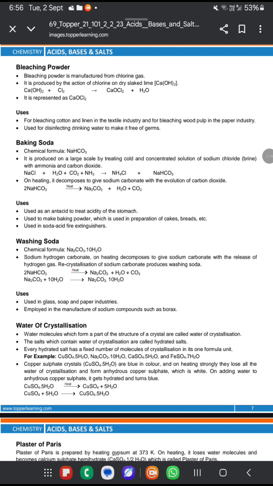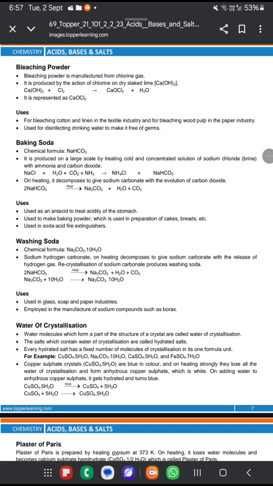NaHCO3 on heating gives Na2CO3 plus H2O plus CO2. Na2CO3 plus 10H2O gives Na2CO3·10H2O.